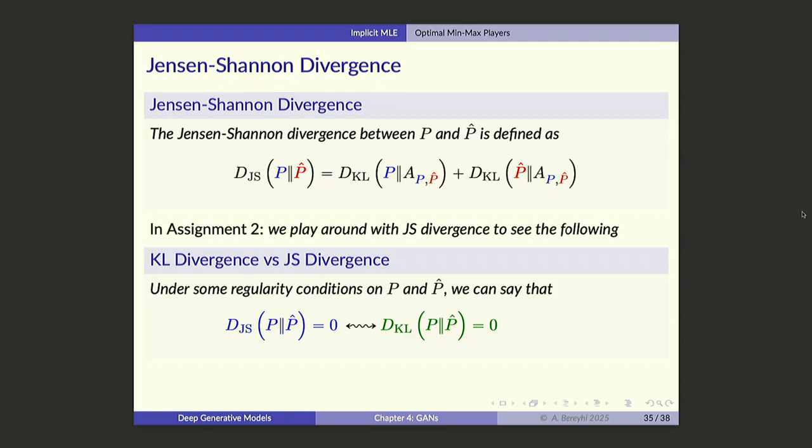When P and P hat are the same, what is the average of P and P hat? It's P itself. Then it's the KL between P and P, which is 0, and the KL between P hat and P hat, again 0. So KL is 0, Jensen-Shannon is 0. You can show that under mild conditions, the other way around is also correct. So Jensen-Shannon 0 implies KL 0, and KL 0 implies Jensen-Shannon 0.